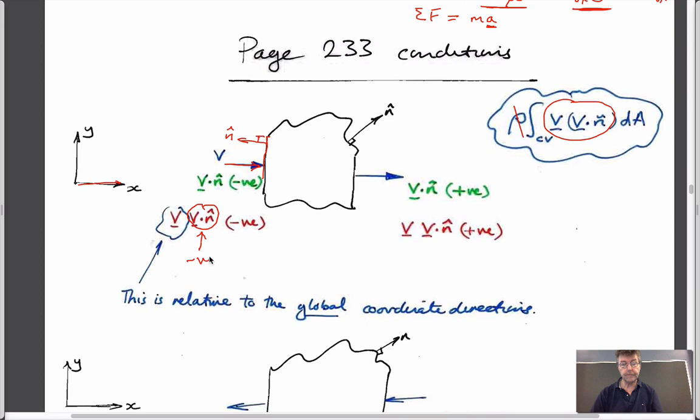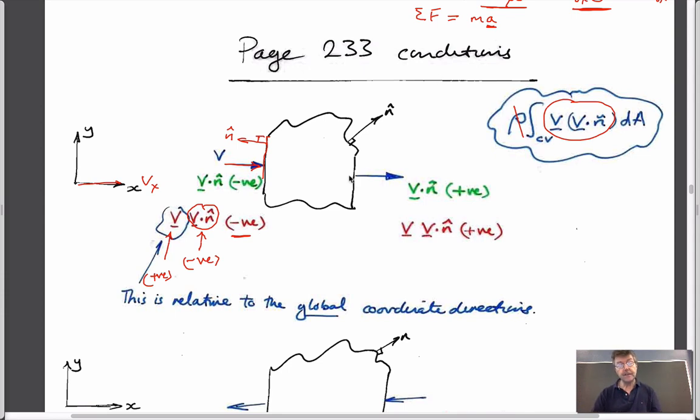This term is into the system, so the term normal to the boundary, the green term, has to be negative. This is going in the positive x direction, so this term is positive. And positive times a negative gives a net negative. So the scalar value of velocity across this surface has to be minus v, whatever the size of v is. v is the size of it, and it's going to be negative.